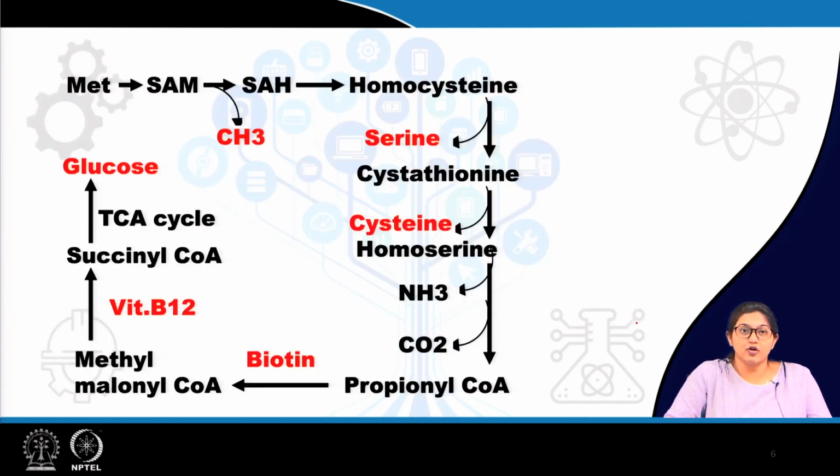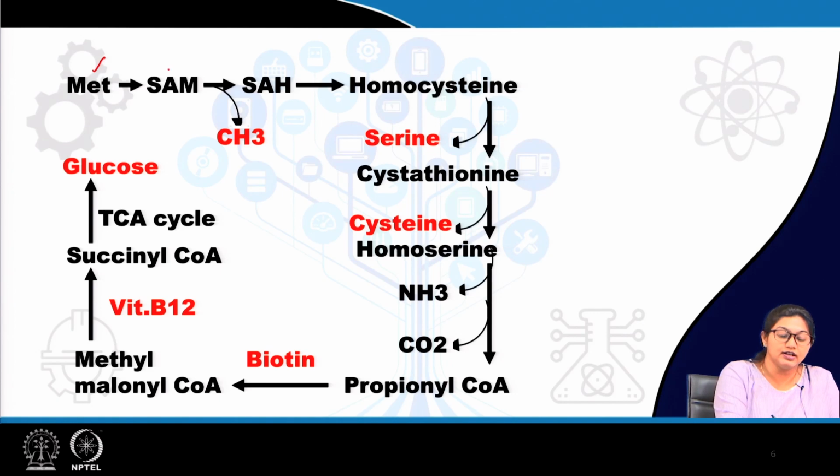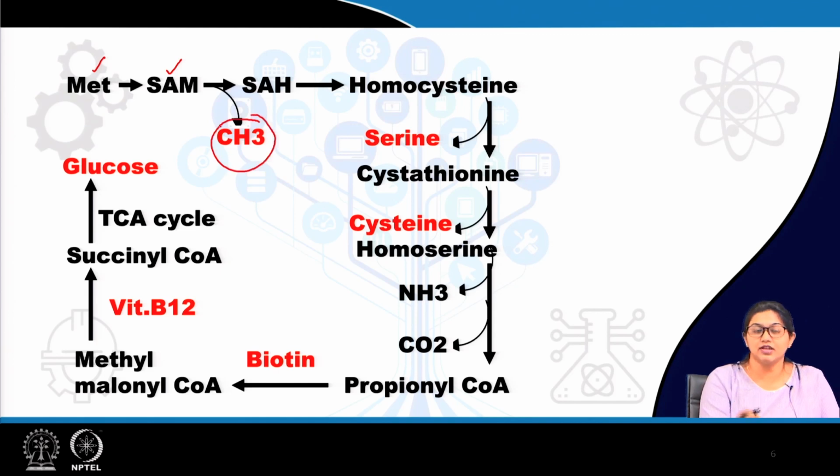So, this is the process. From methionine we get S-adenosyl methionine. S-adenosyl methionine donates its methyl group via the methyl transferase enzyme. What it forms is S-adenosyl homocysteine, which on hydrolysis, releasing the adenosine group, forms homocysteine.